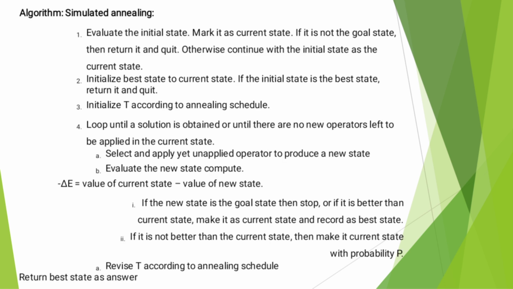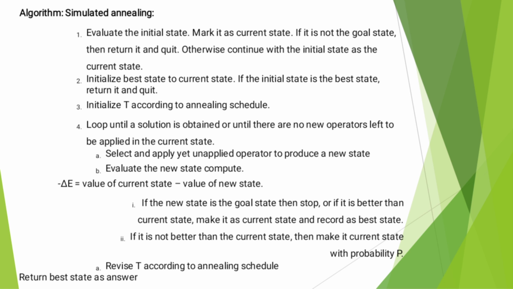Then the next algorithm is simulated annealing. Evaluate the initial state and mark it as the current state. If it is a goal state, then return it and quit. Otherwise, continue with the initial state as the current state. Initialize best state to the current state.